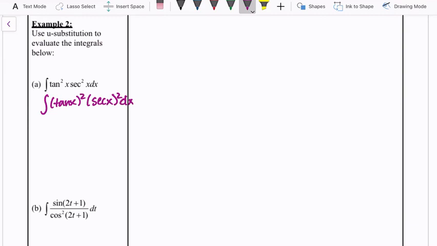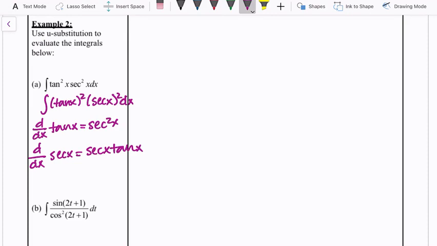So we're trying to think about which one of these functions could potentially be our u, and what would its corresponding du be? Okay, well, if I took the derivative of tangent of x, that would be secant squared x. And if I took the derivative of secant of x, that would be secant x tangent x.